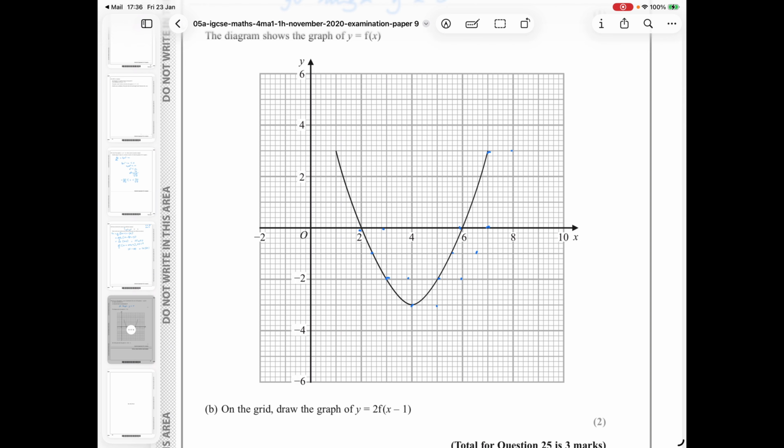So if it's 3, it becomes 6. So 2 times whatever's there. This one is 3, so that goes up to 6. That is minus 2, so that goes down to minus 4.